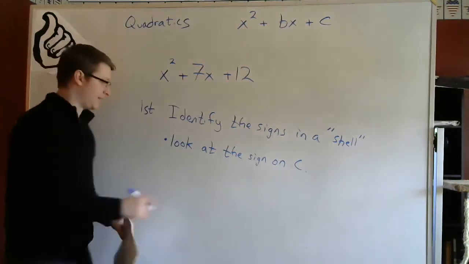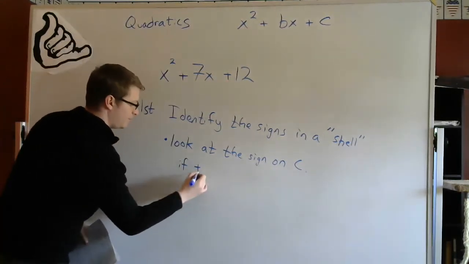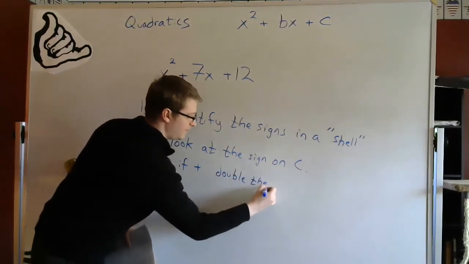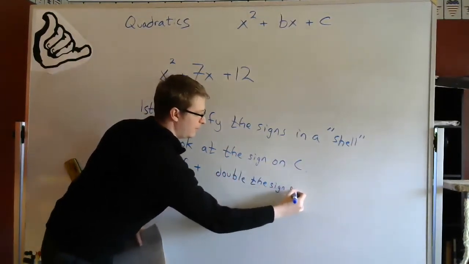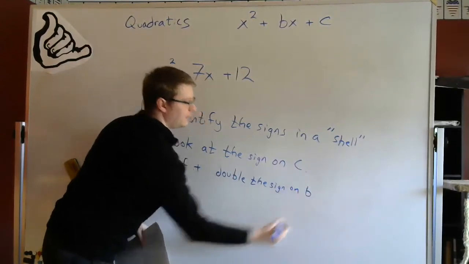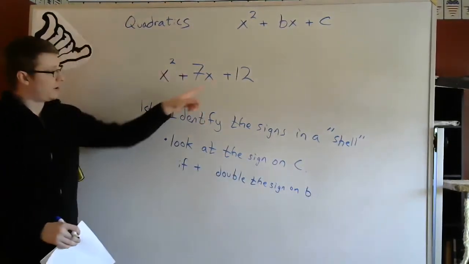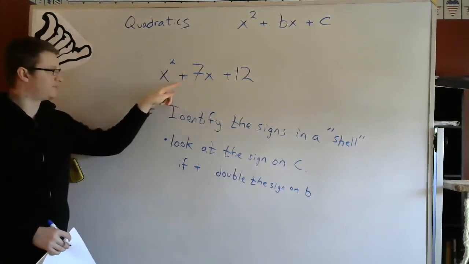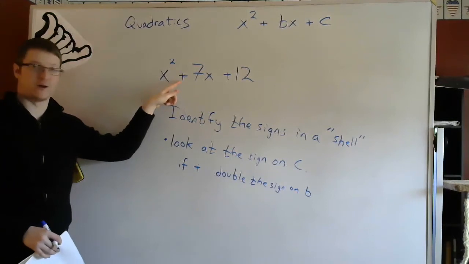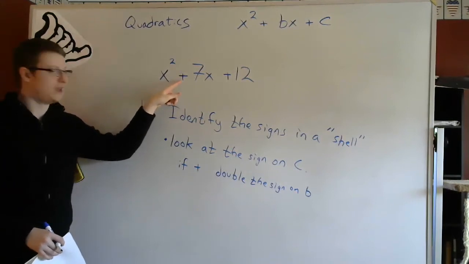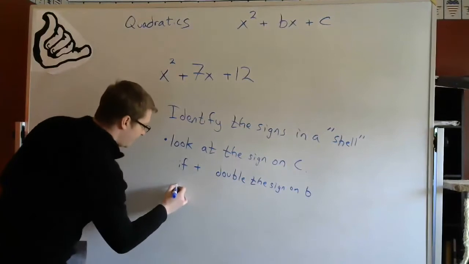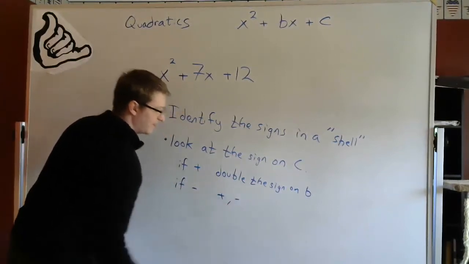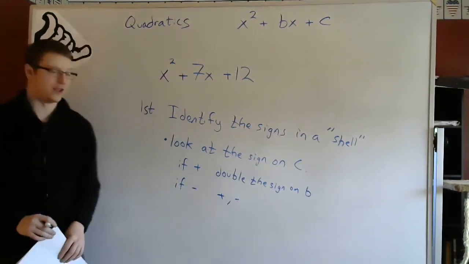If this is a plus sign, then we're going to double the sign on b. So if we look at our example, we do have a plus sign here, which means I want to double up on the signs that I see here. So in my shell, I would have two plus signs. If it was a minus sign at the end, then we would just have a plus and minus in our shell.